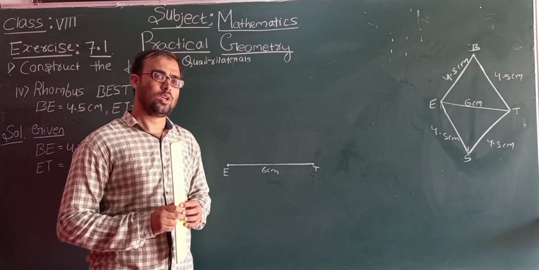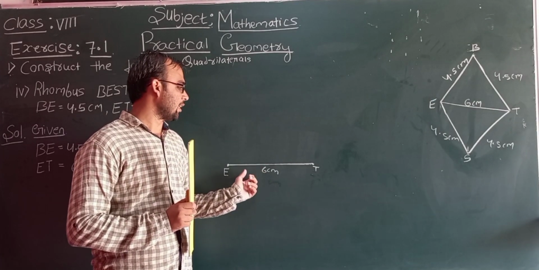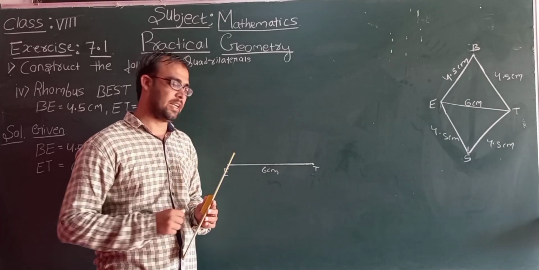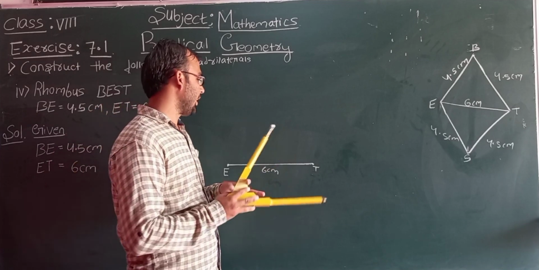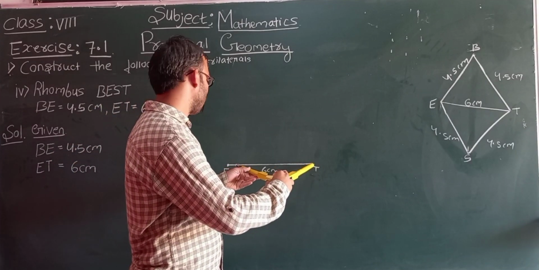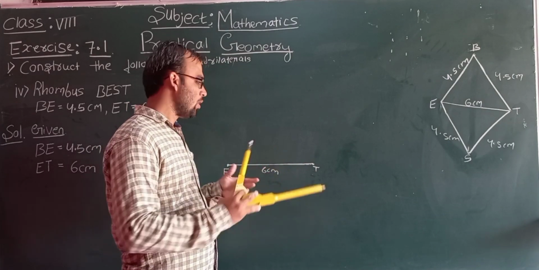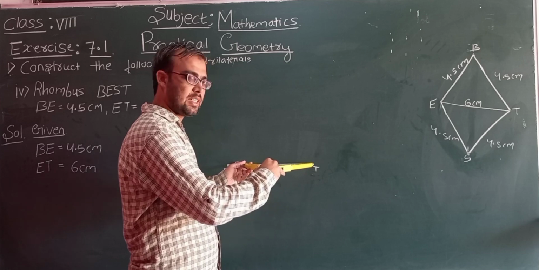Here we have to draw the perpendicular bisector for the line ET. Students, how to draw the perpendicular bisector? Set the compass to more than half of this line. ET is 6 centimeter, so take the compass to more than half of this line.